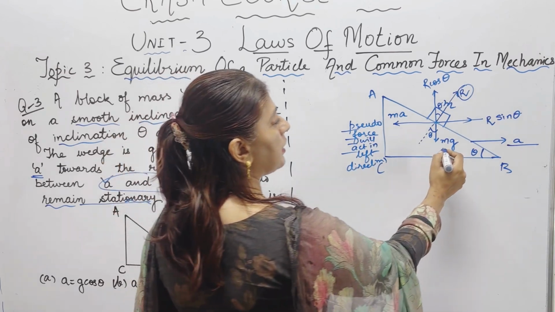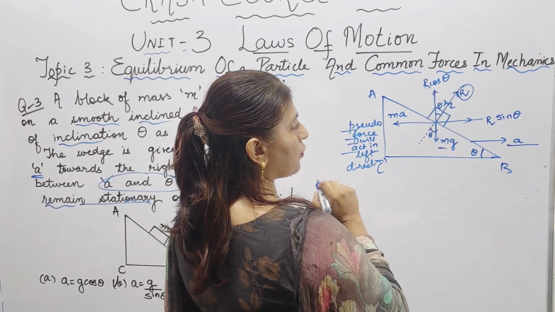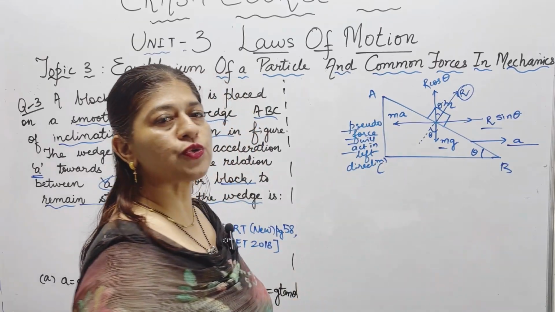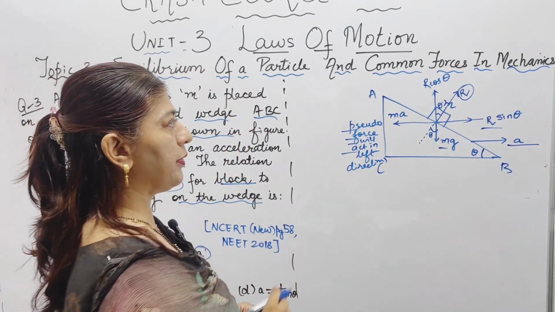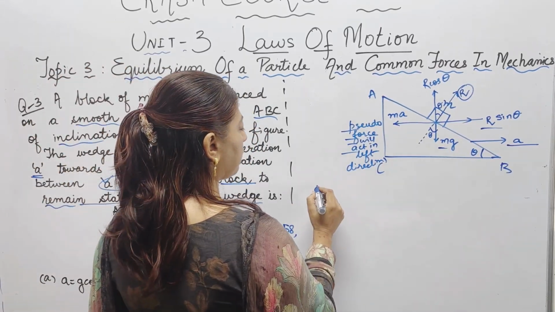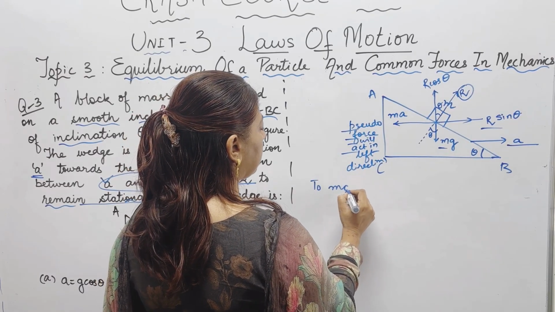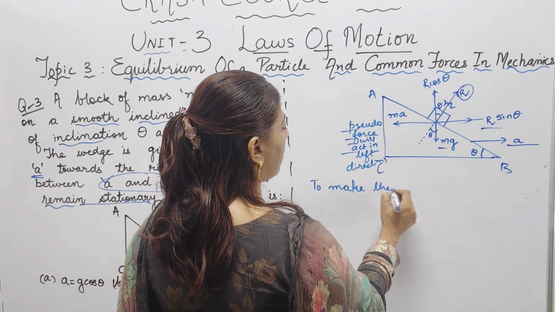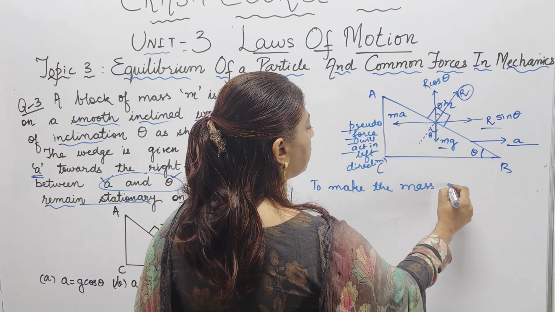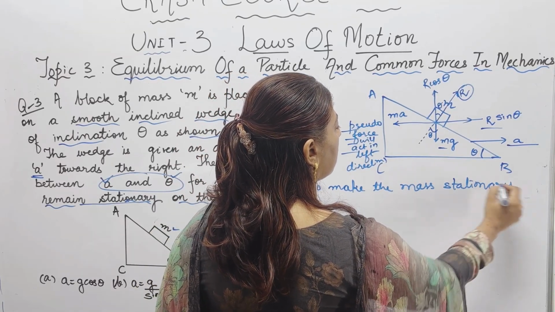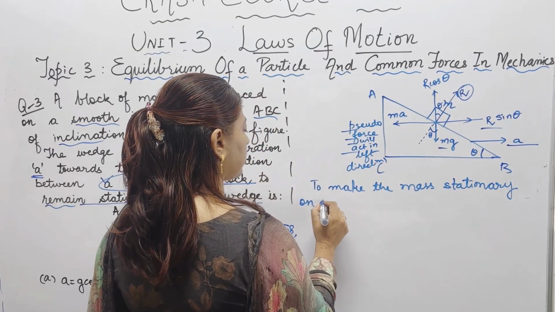If mg is balanced with R cos theta and R sin theta balances ma, then it is going to remain in equilibrium. So we have to make the mass stationary on the wedge.